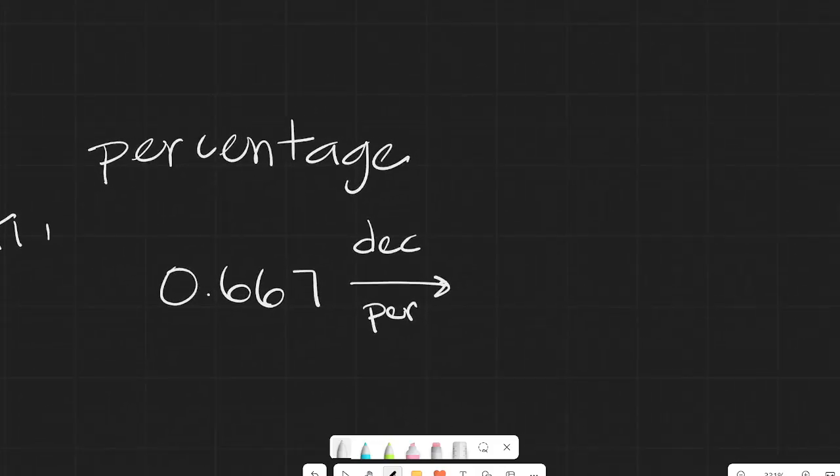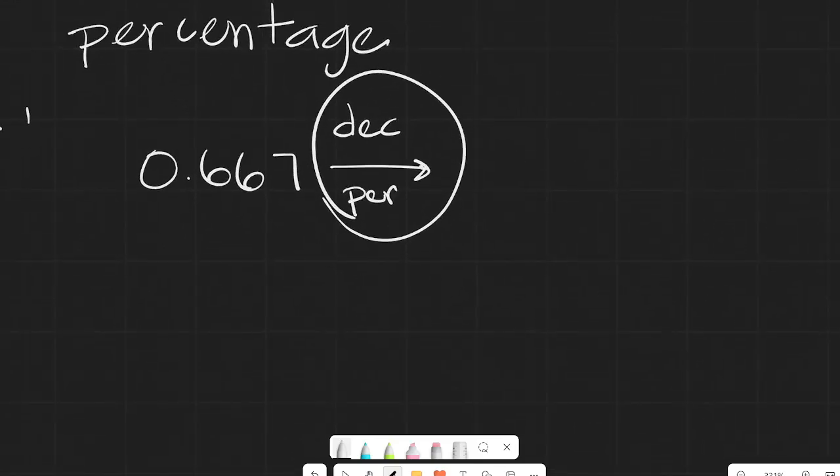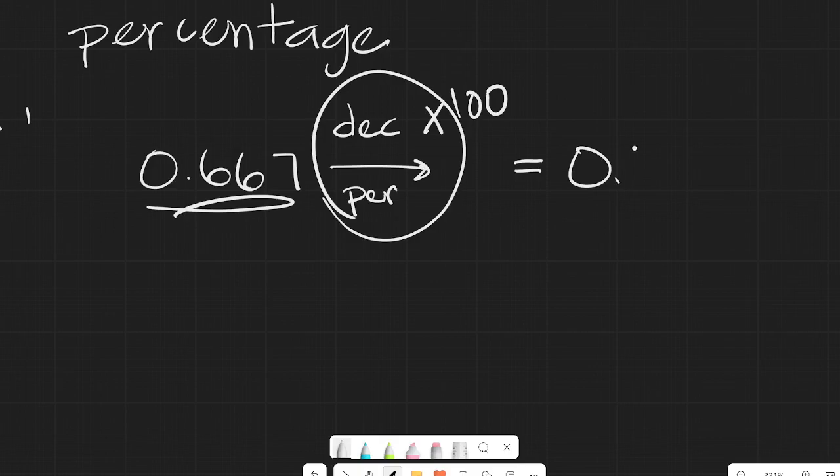So what I'll do is, basically this little thing is a machine. And it says multiply whatever is on the left side by 100. So if I do that, I'll just write it out so you can see. Times 100.